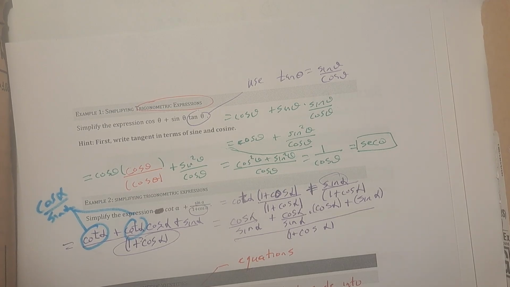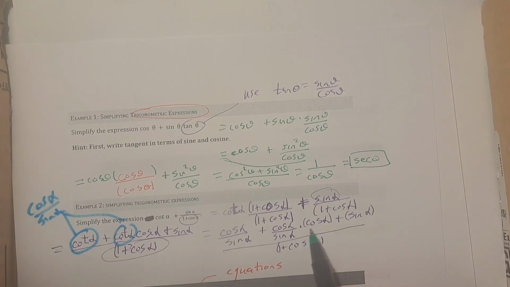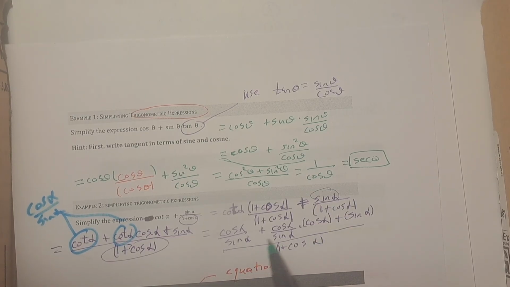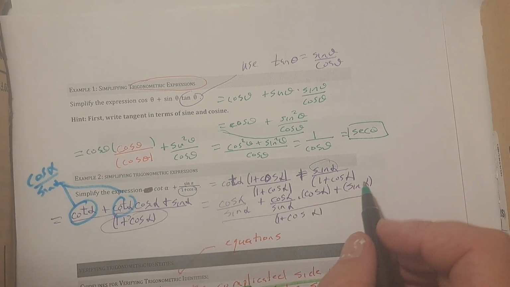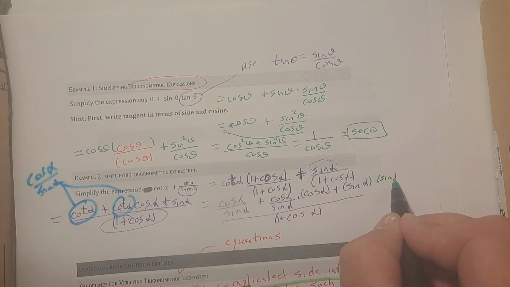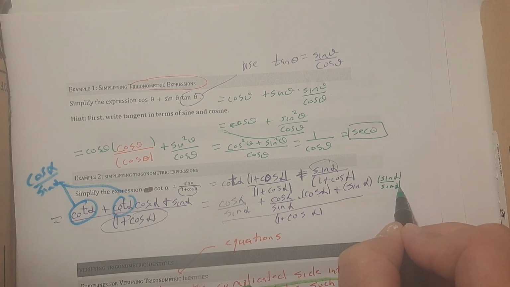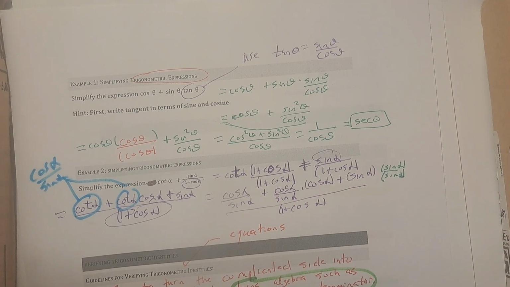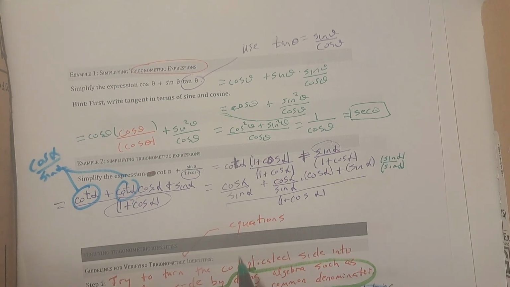When I do this, I'm going to lose my common denominator, because these will both have a denominator of sine alpha, and this one doesn't have that denominator. So I'm going to make a common denominator there by multiplying it by sine of alpha over sine of alpha. So the strategy now is forming a common denominator, and I'm doing that strategy twice.